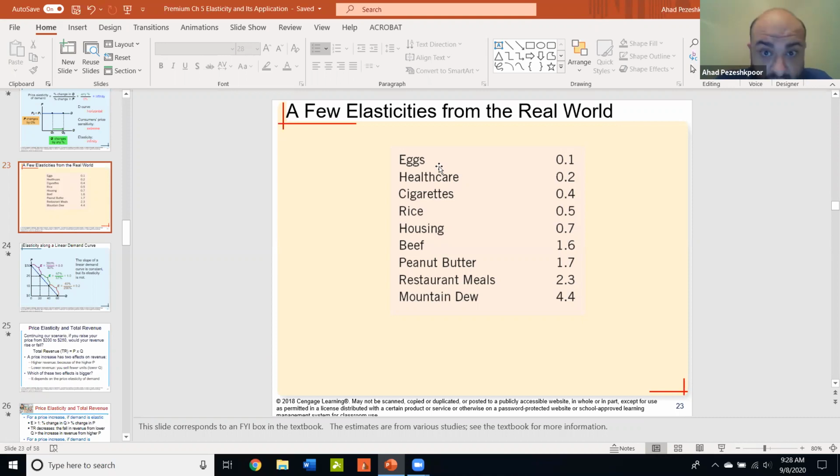Cigarettes, inelastic, because cigarettes have a certain chemical in them called nicotine, and nicotine makes you addicted. When you start smoking, you may feel good after a few days, but the feeling good will disappear, and if you don't smoke, you only feel bad.